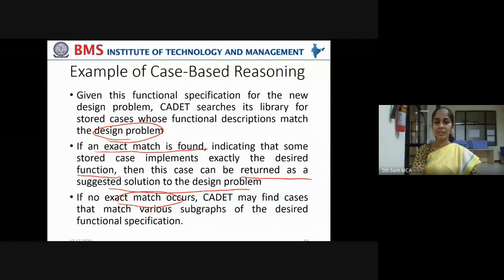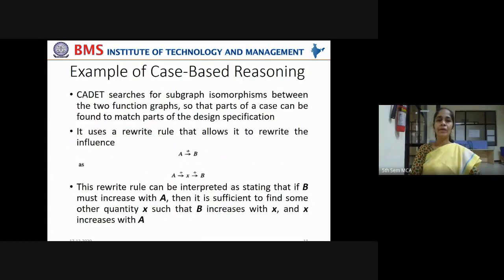If no exact match occurs, then the CADET system may find cases that match various subgraphs of the desired functional specification, bring them, see if they can be combined, and arrive at a final design which will address your current problem. Now, CADET searches for subgraph isomorphisms. You know what an isomorphism is, right? Graphs that are almost similar in their connections are called isomorphic graphs. Say if there is an edge between A and B, there will exist an edge between A and B in the second graph also, right?